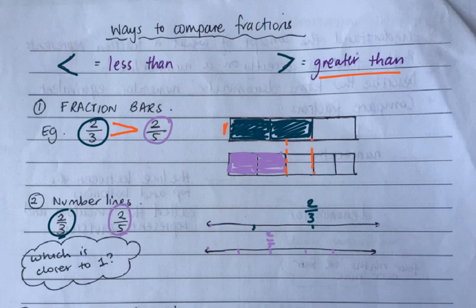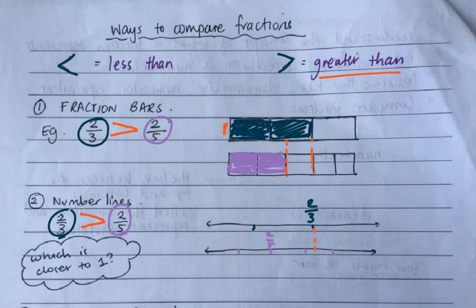And as you can see, 2/3 is further along on the number line, or it's closer to 1. Okay, so which means that is the larger fraction. So again, I'm going to put 2 dots near the largest fraction and 1 dot next to the smaller fraction, and we're going to join up the lines, and then we've got the correct symbol. So 2/3 is still greater than 2/5.